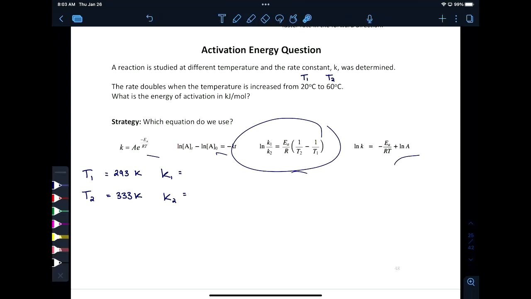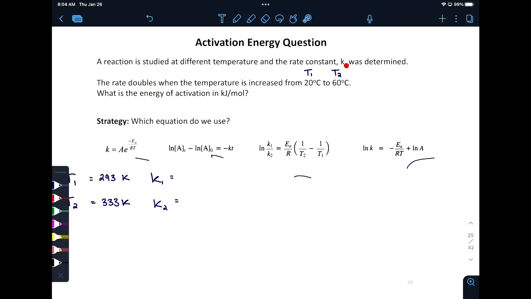All right, so let's do the mathematics here, and I'll show you the tricks for solving questions like this. We have a single reaction that we're studying under two different temperatures, and we're studying the rate constant. I tell you that the rate doubles when the temperature is increased from 20 degrees to 60 degrees.